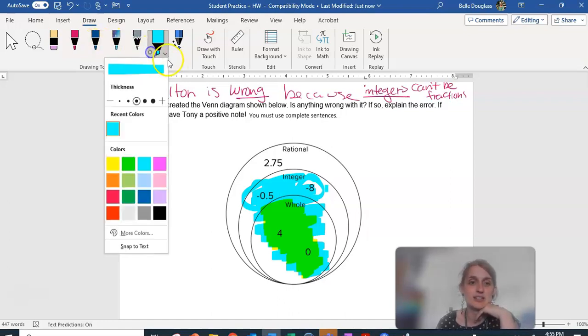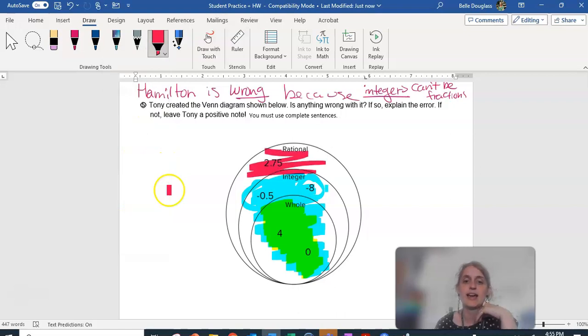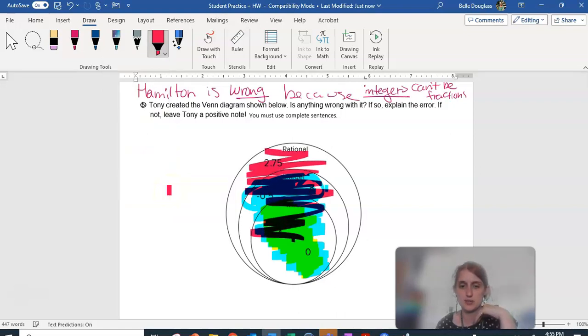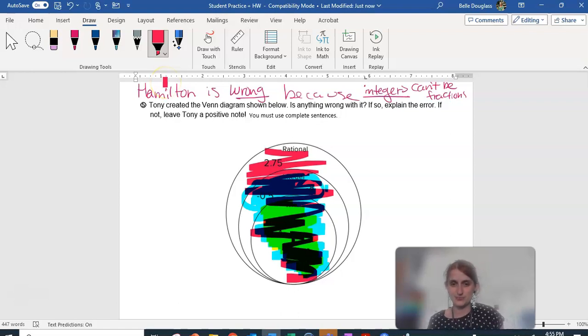Last but not least, let's make this one bright pink. Everything in here, that was a bad choice. Now you can't see any of those numbers. Well, I hope you remember what they are. Everything in here is a rational number. That is true. Everything in this circle is a rational number because all of those are numbers that we could deal with in the 6th grade.